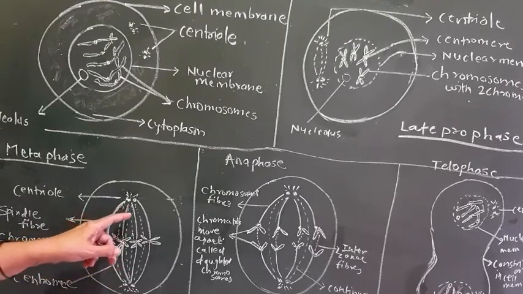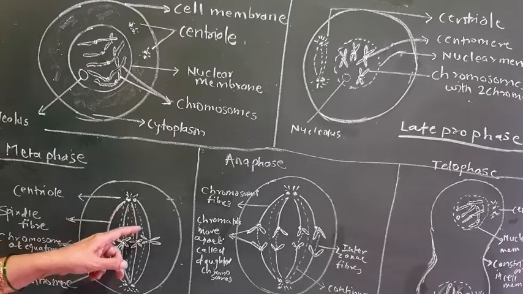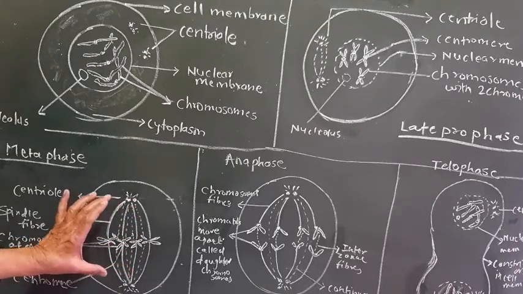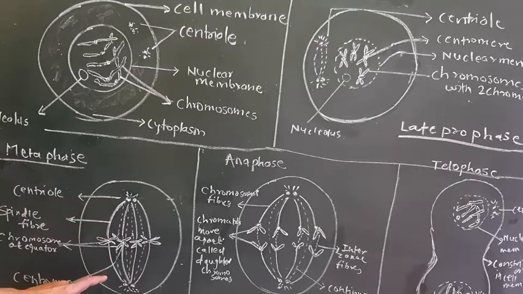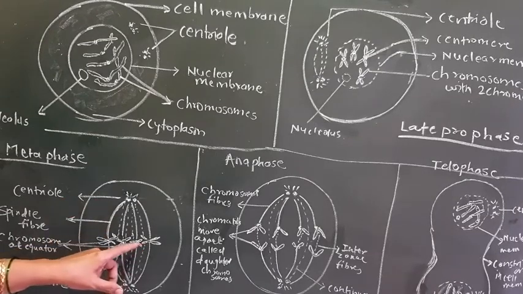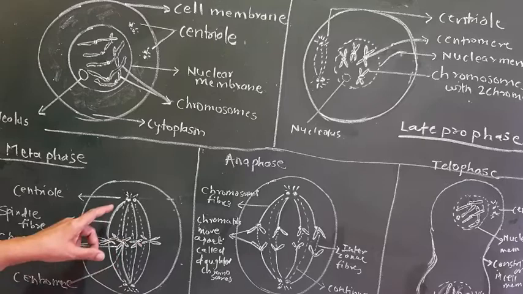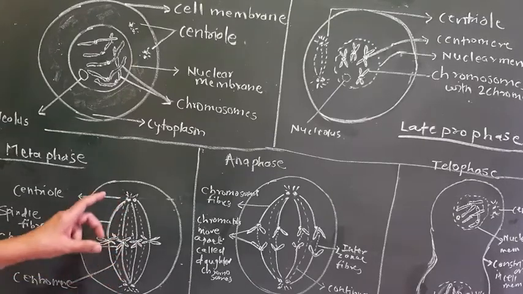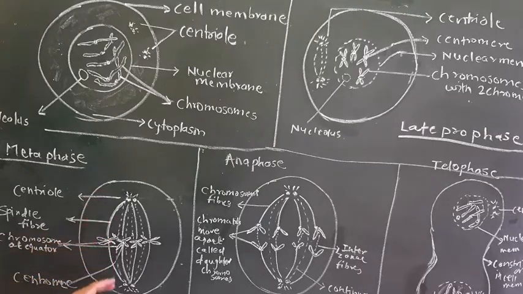So due to the formation of protein spindle fibers, a kinetic spindle is formed which is joining the centromere of each chromosome and the centrioles at the poles. So that is the characteristic feature of metaphase, formation of spindle fibers.